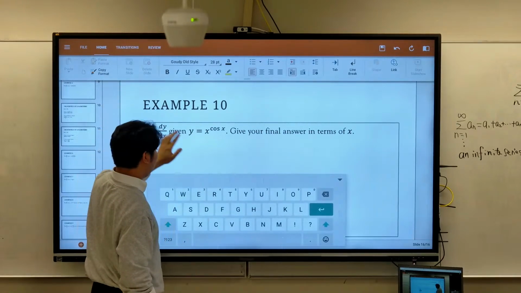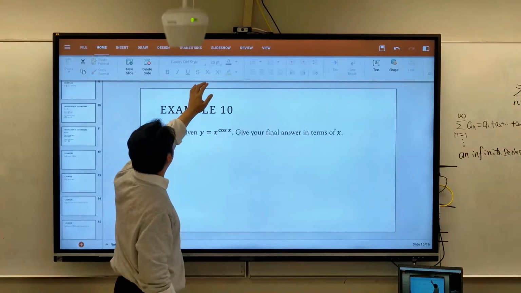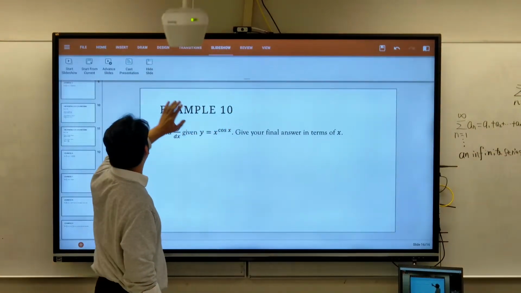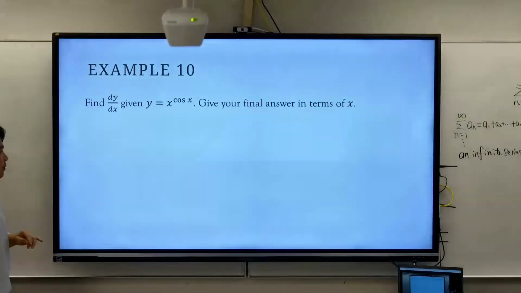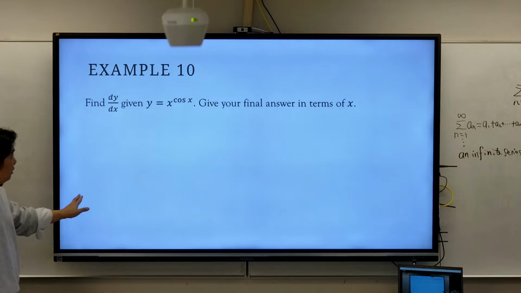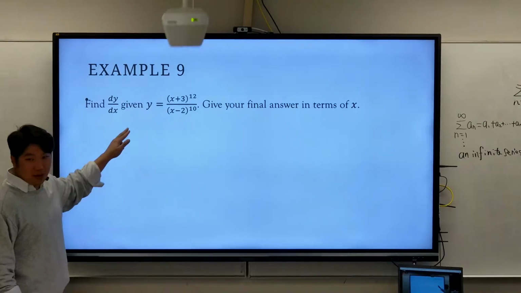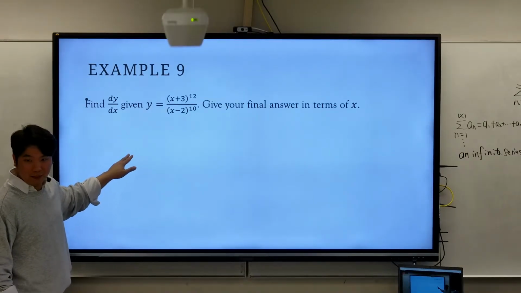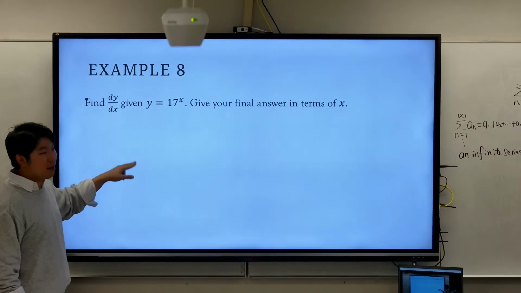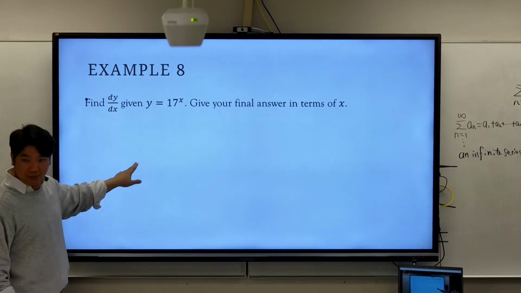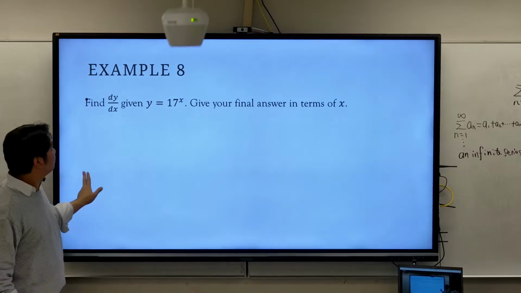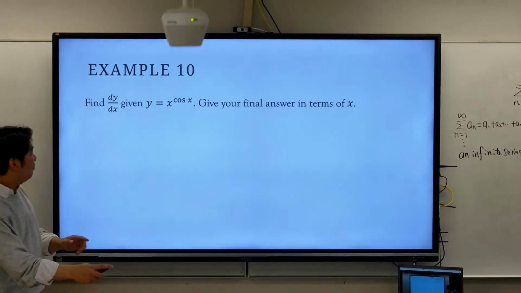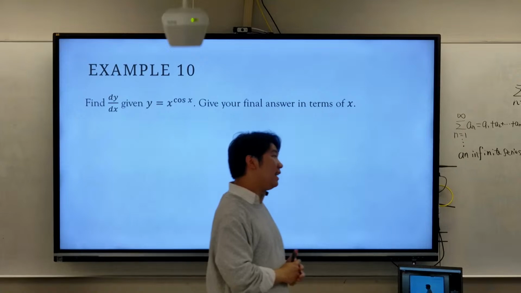Yes, every day I'm trying to fix one thing from these slides that doesn't want to work here. I think we did. Yeah, we just did example 9, because example 8 was 17 to the x. So example 10.